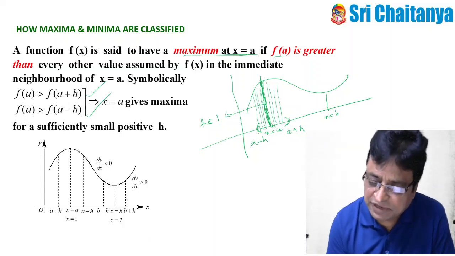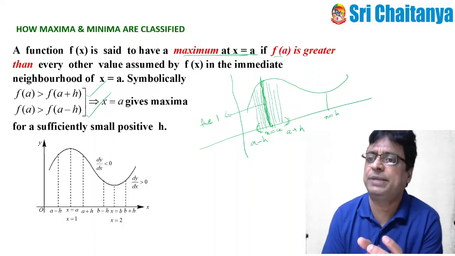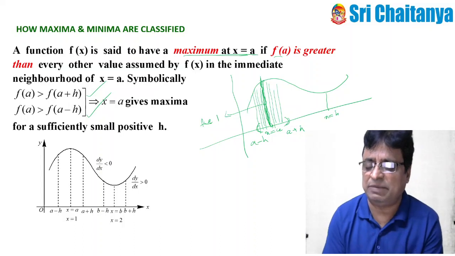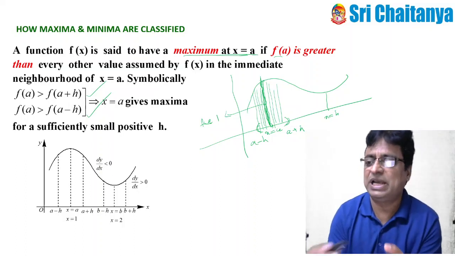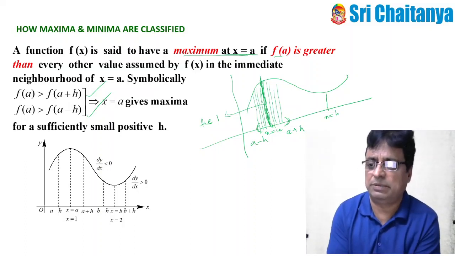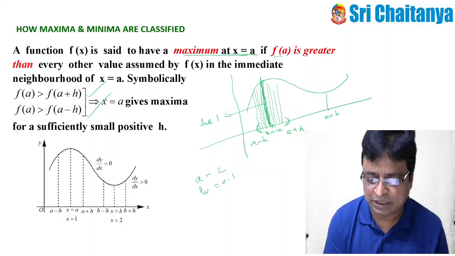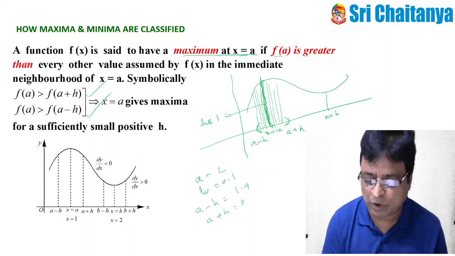Whenever f of a is greater than f of a minus h, what is h? A smallest positive quantity. When compared with all functional values, suppose if a is equal to 2, my h is equal to some 0.1. Suppose my a is equal to 2 and my h is equal to 0.1, then a minus h becomes 1.9 and a plus h becomes 2.1.